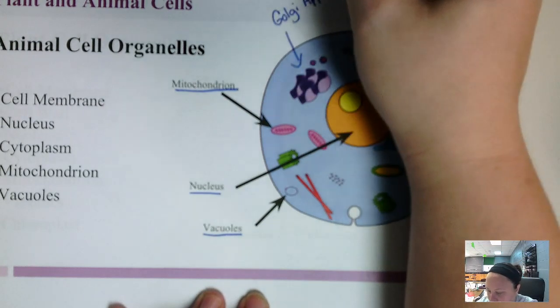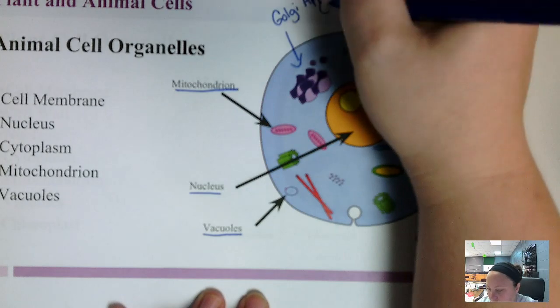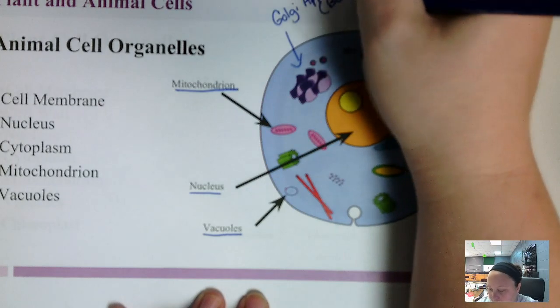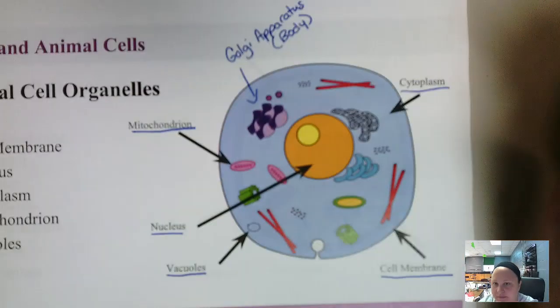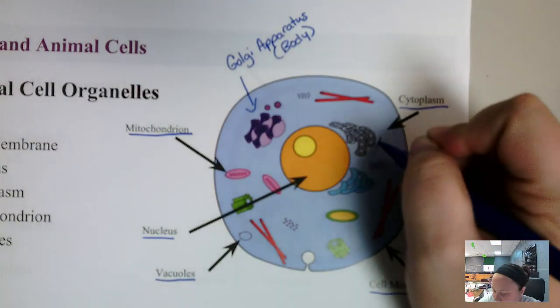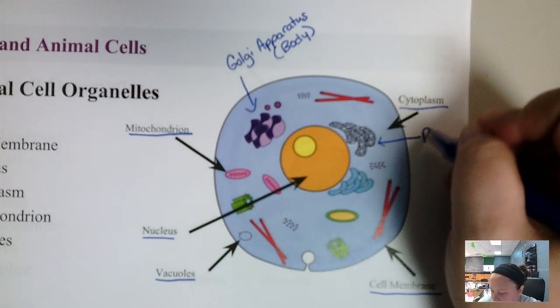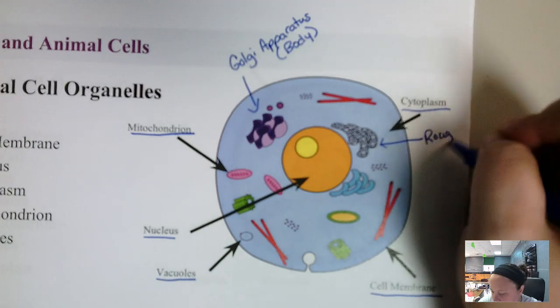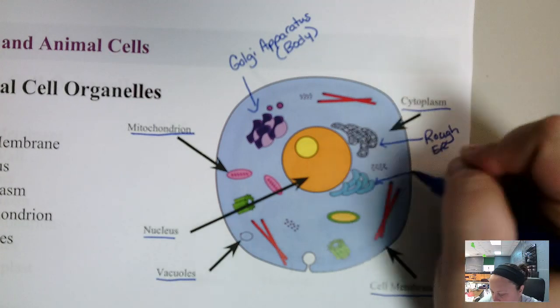You might hear it called the apparatus, you might hear it called the Golgi body, but it's the same thing. And then we have the rough ER, and then we have the smooth ER.